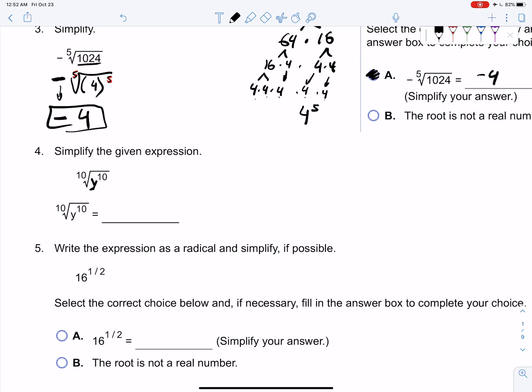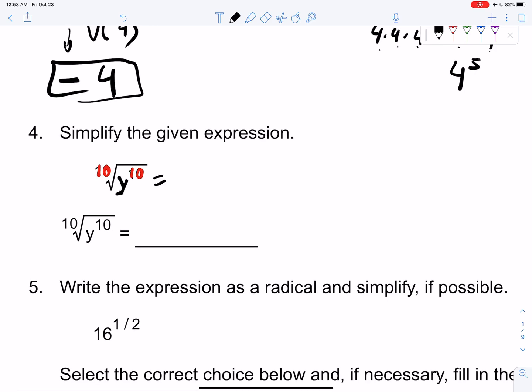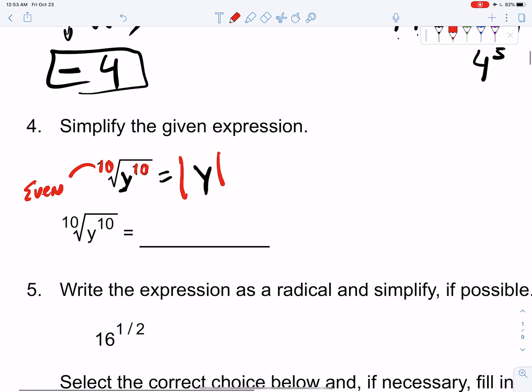Now, the beauty of this is we already can see that the power, y to the 10th, is matching beautifully with my index of 10. When that happens, these radical expressions simplify really easily to make a y come out. But because that index is even, you must put an absolute value bar on that.